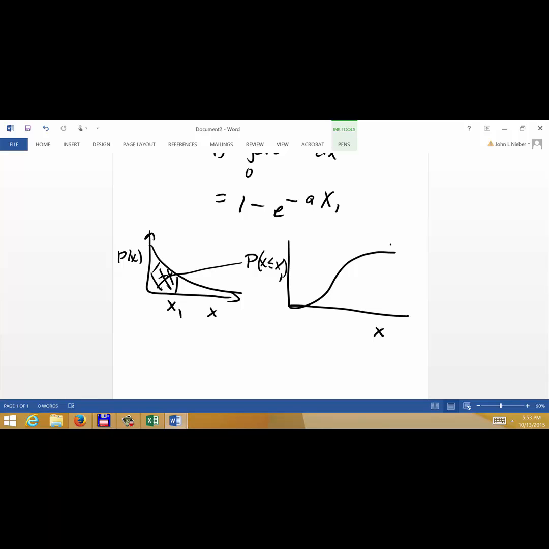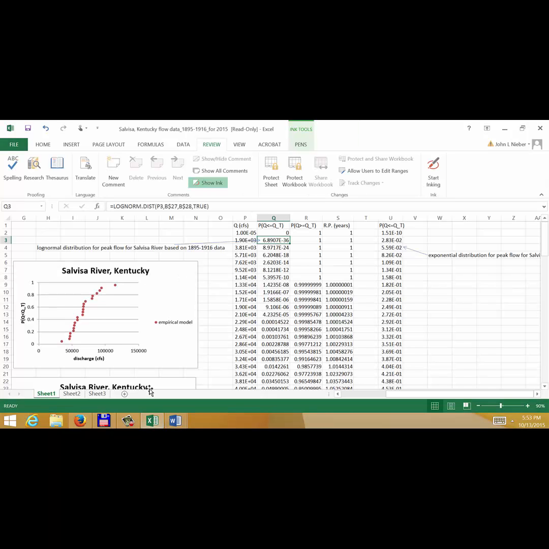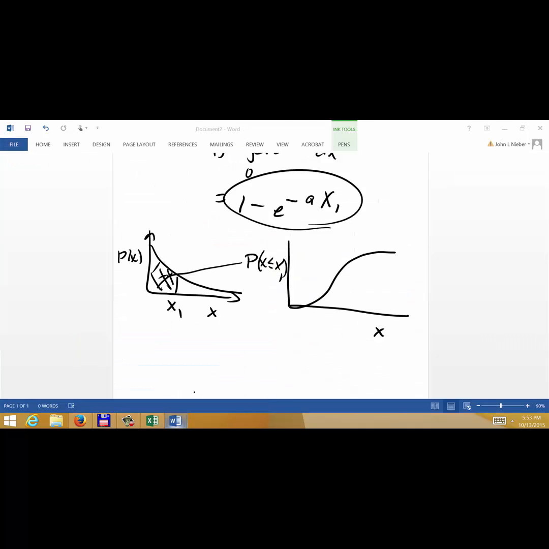So I can use this equation in the Excel spreadsheet to calculate the values of the probability. And it turns out, as given in the notes, the value of a for the exponential distribution, this a that you see in the formula, is just 1 over the mean, 1 over x bar.